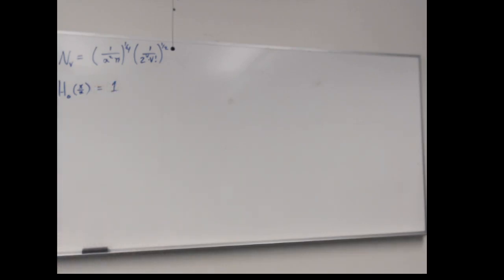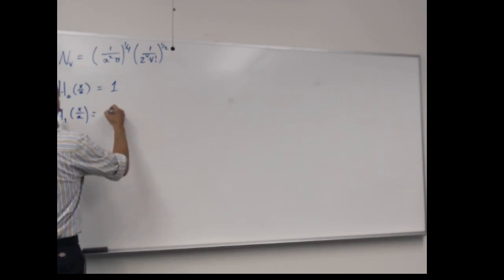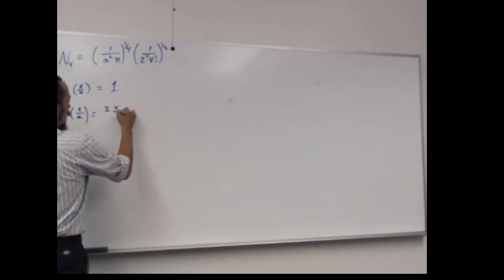So if we are looking at just the first answer to this, it just ends up looking like a Gaussian function. Our second answer, H1 of x over alpha, we get 2x over alpha.